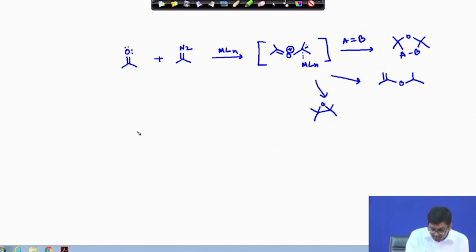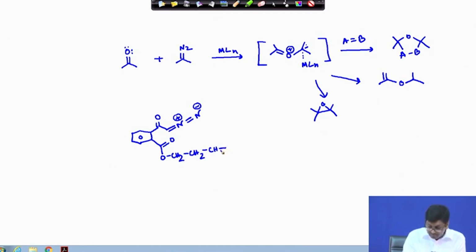For example, if we take this substrate as the carbene precursor, this diazo compound we have taken. Now, there is this ester moiety, which is having this olefin, this is important.